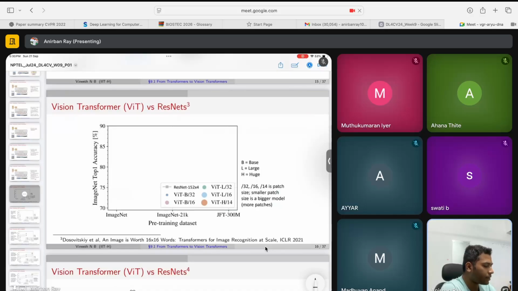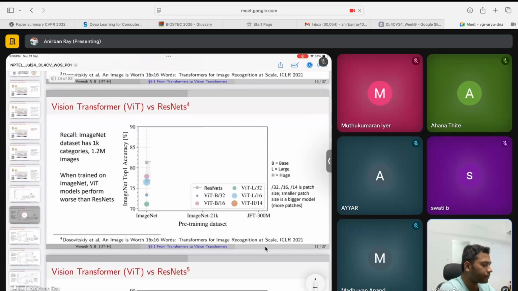The vision transformer versus ResNet. So we calculate the classification accuracy here. As you can see here, they do a self-supervised pre-training on the data set.